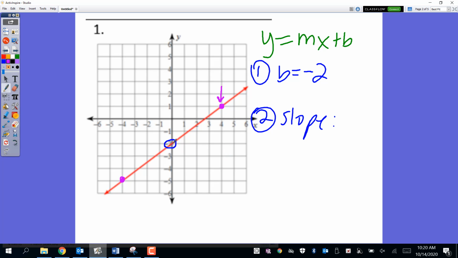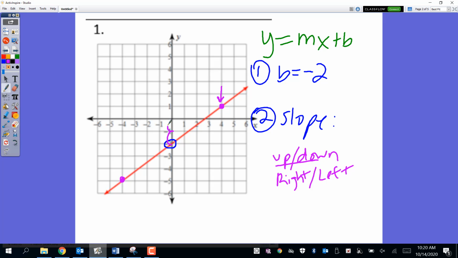So I'm going to count from my y-intercept to that point, and we know our slope is a fraction, and the top is how we move up or down, and the bottom is how we move right or left. Okay, so here we go. We're counting from here. I always count up, down first. So here we go.